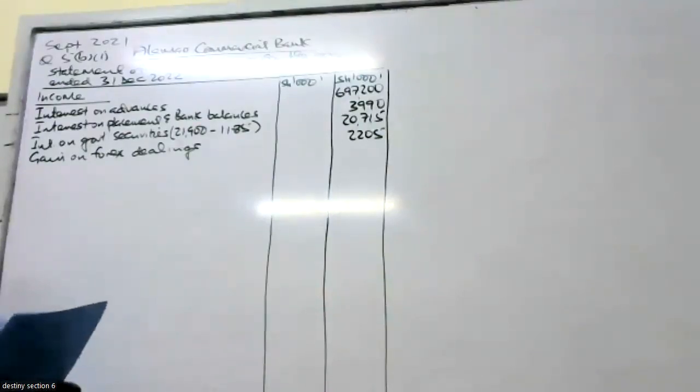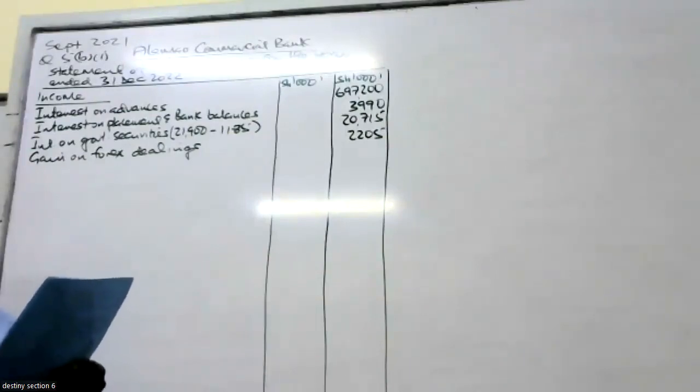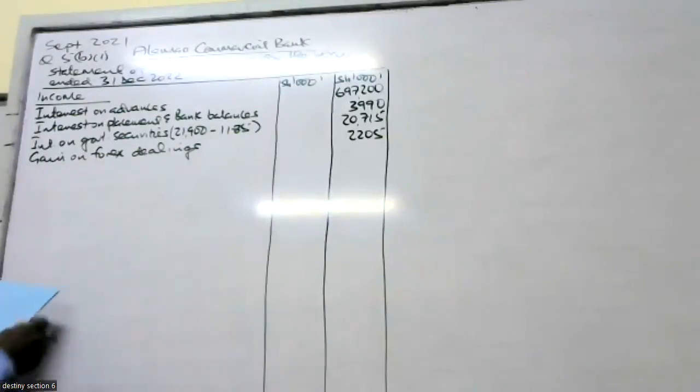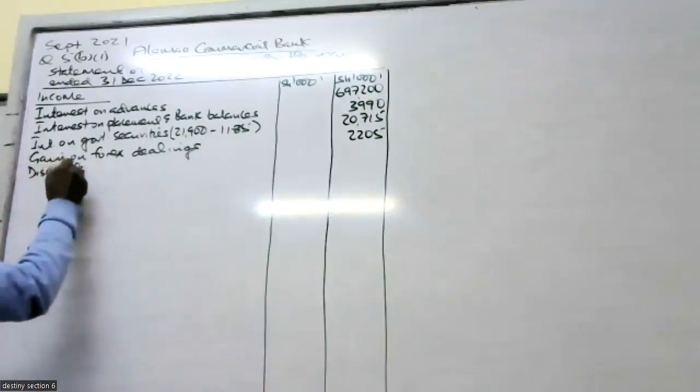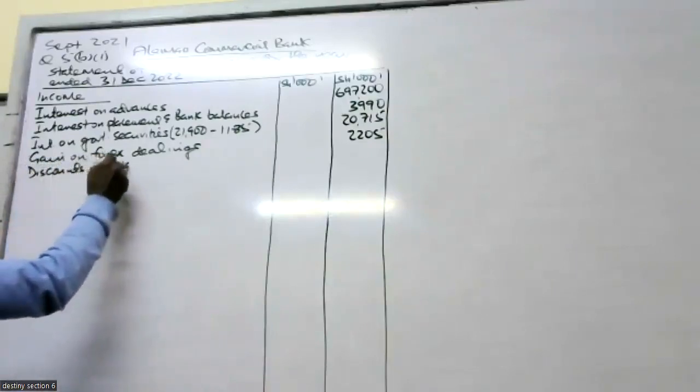Look at note 3. It says discounts on bills purchased include interest and discounts paid of how much? 58,500. So we'll say discounts on bills purchased.